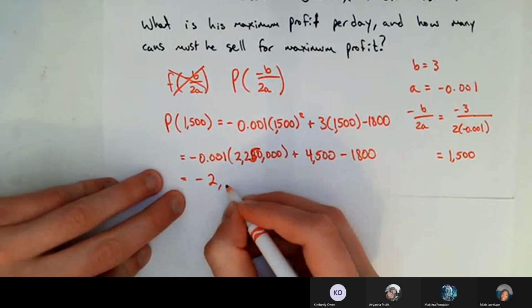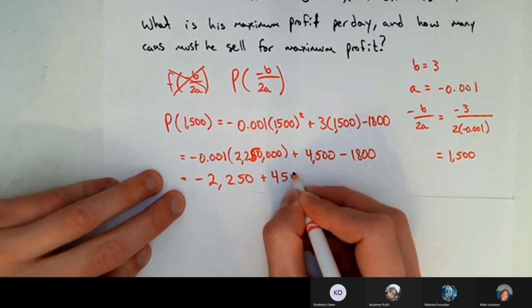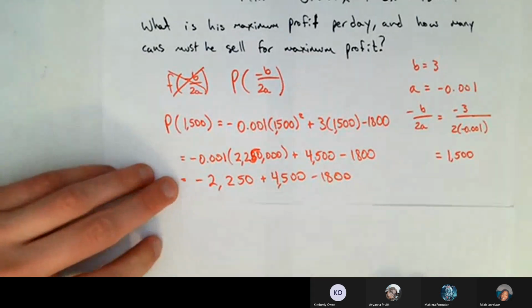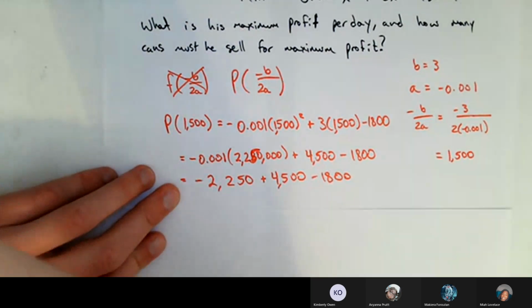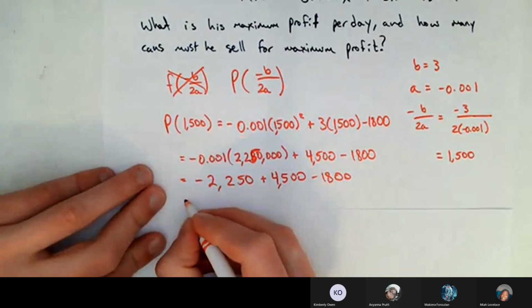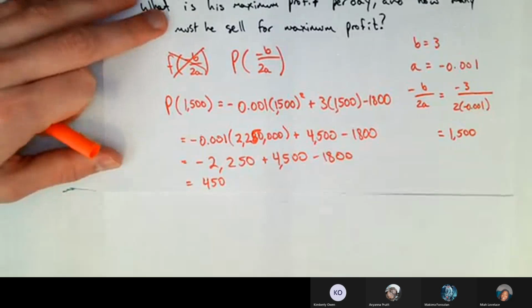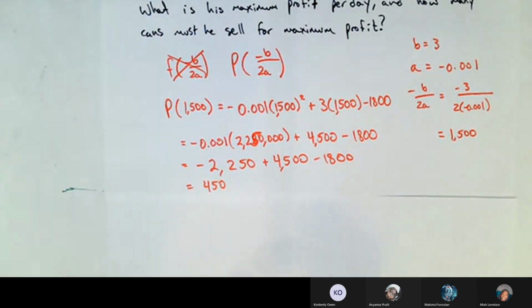So anyways, negative 2,250. Now I just have a string of addition and subtraction to do. I'm just using the calculator to do this, I'm being lazy. Minus 1,800, and I'm getting $450. That's the maximum profit for the day.